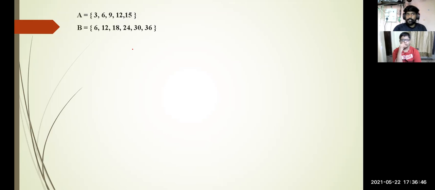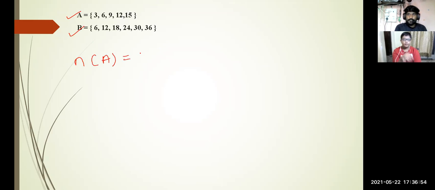So suppose you consider two sets, say set A and set B. Okay, let us consider the set A and set B. This same example we are taking. This is set A, this is set B. What is n of A?